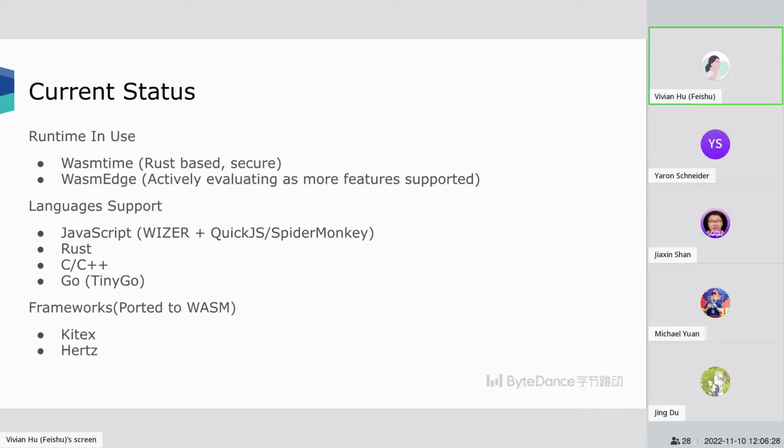But when we are making more microservices in WebAssembly, we need to port these two frameworks to WebAssembly. Now this I think is still in progress, but many features are already supported. So in the near future, we are going to move more of our internal microservices probably to WebAssembly.